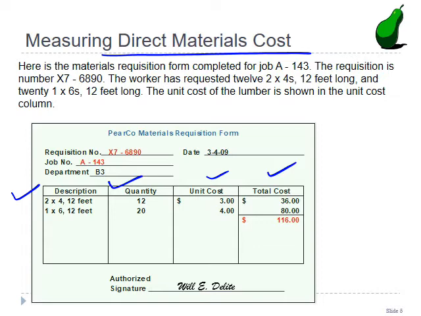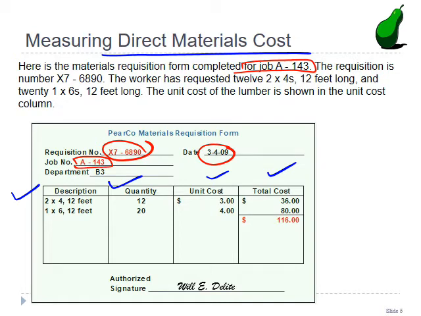Here, for example, is the material requisition form completed for job A. We are making wooden cargo crates, so we allocated a job number A143. The requisition form number is X76890, and it also mentions the date.